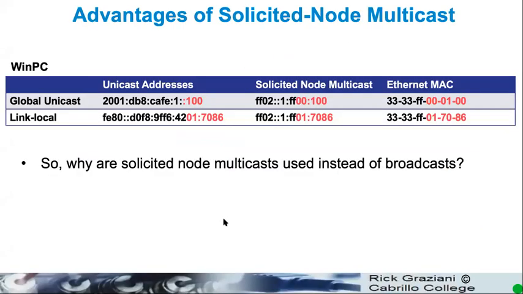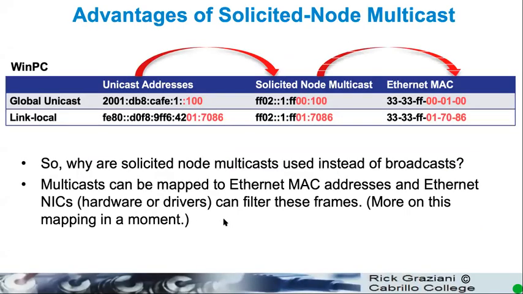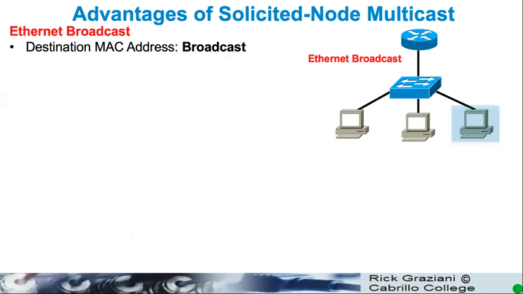Okay. So again, we're mapping unicast addresses to a multicast solicited node, so we can then map that to an Ethernet MAC address. Why is this a good thing? Again, in Ethernet, IPv4, we have broadcasts in IPv4.